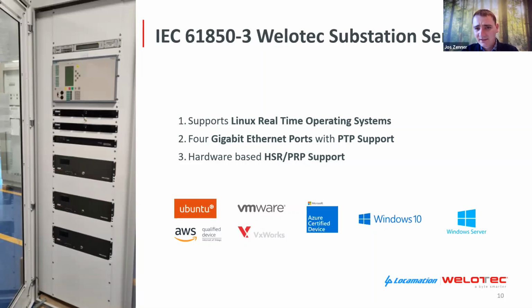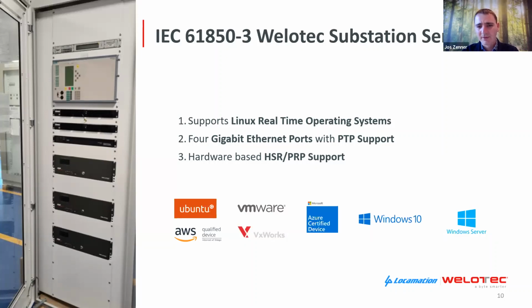Besides a real-time Linux operating system, the server can also work with Windows Server, so where you can, for example, run Hyper-V and different virtual machines, can run Windows 10. It can also run ESXi from VMware for virtualization, or for example, Ubuntu Linux or Debian Linux.